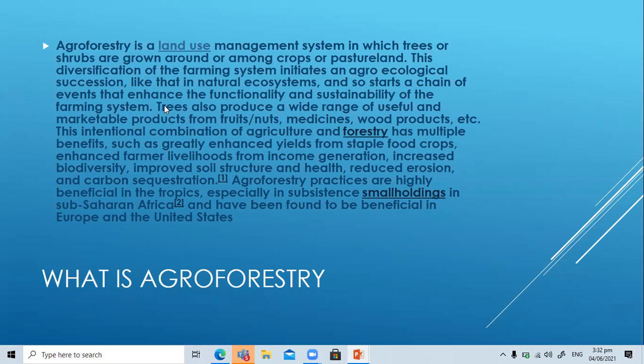Trees also produce a wide range of useful and marketable products, from fruits, nuts, medicines, wood products, etc. This intentional combination of agriculture and forestry has multiple benefits, such as greatly enhanced yields from staple food crops, enhanced farmer livelihoods from income generation, increased biodiversity, improved soil structure and health, reduced erosion, and carbon sequestration.